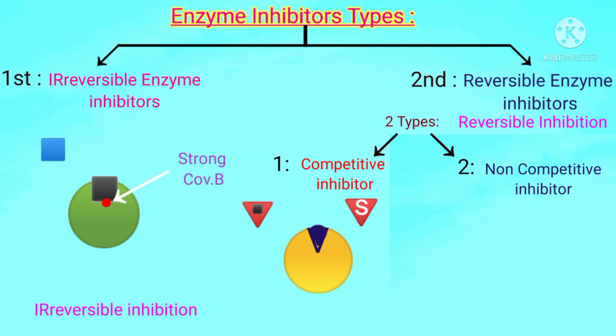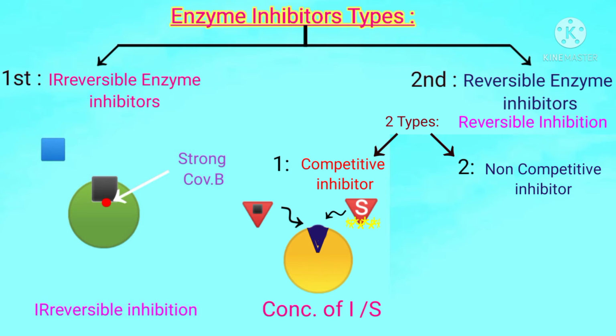So, due to its resemblance, its shape similarity, both start a competition, compete with each other, because the substrate tries to bind the enzyme's active site. At the same time, the inhibitor also tries to bind the same active site. This binding, this attachment, depends upon the amount of substrate or inhibitor.